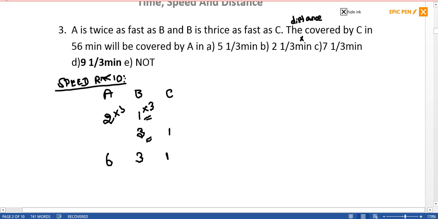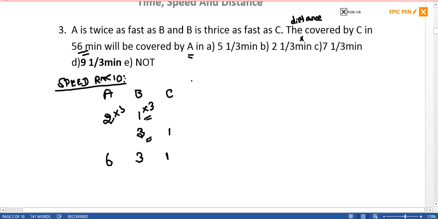Okay, so what have they given? The distance covered by C in 56 minutes. So they have said that C takes 56 minutes to cover some distance, and what time will be taken by A to cover the same distance.